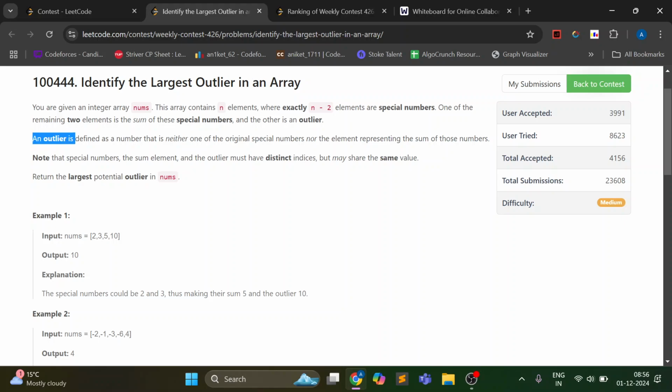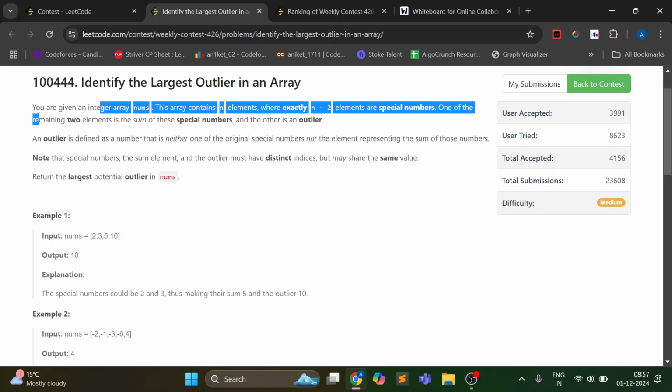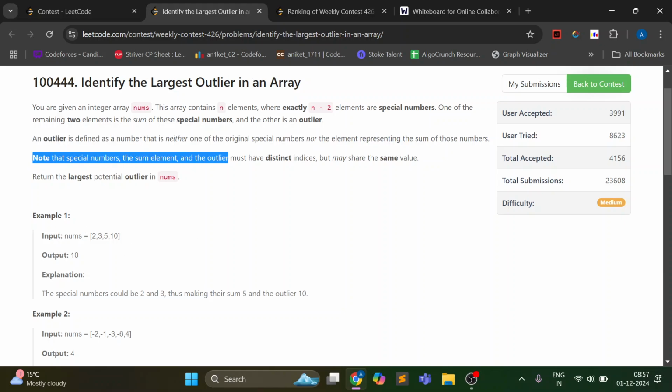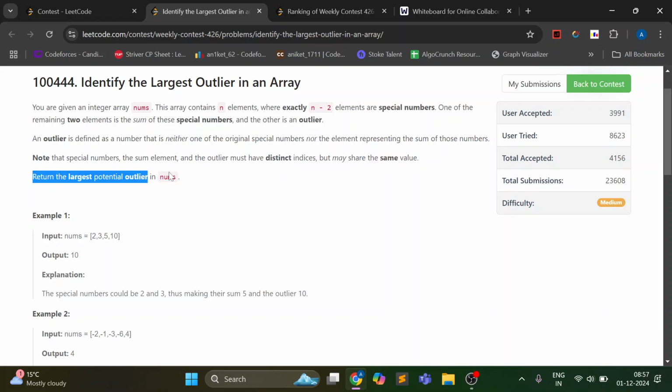Outlier is defined as a number which is neither one of the original special numbers nor the element representing sum of those numbers. So n minus 2 special numbers, one number which is sum of those special numbers, and the last one is outlier. So we have to find that outlier, such that we have to find the largest potential outlier.